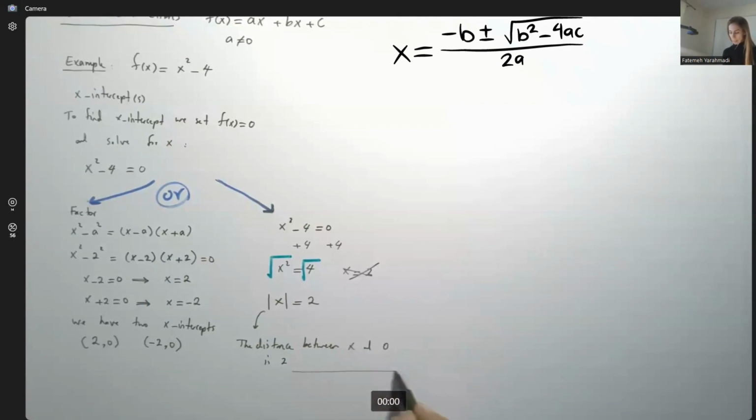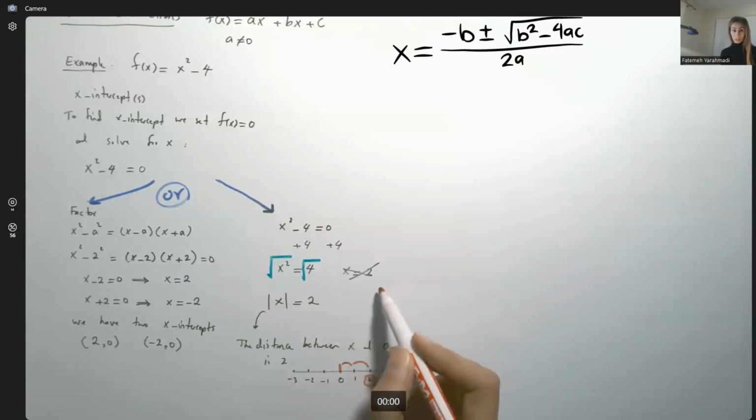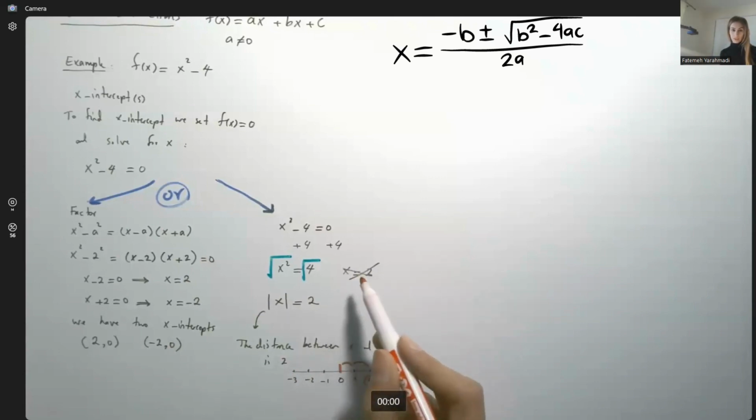Remember that on the number line, you have 0, 1, 2, 3, some positive numbers, and on the left-hand side you have some negative numbers. The distance between x and the origin is equal to 2 units. Of course, 0 is here. 2 units to the right gives me 2. This was the original answer that you had written.